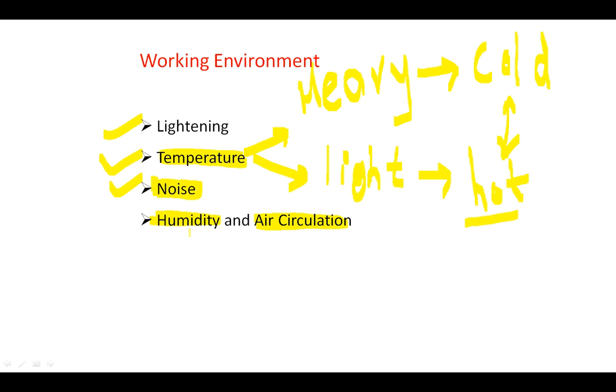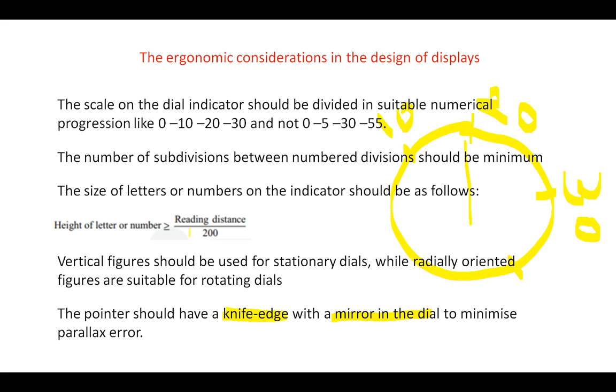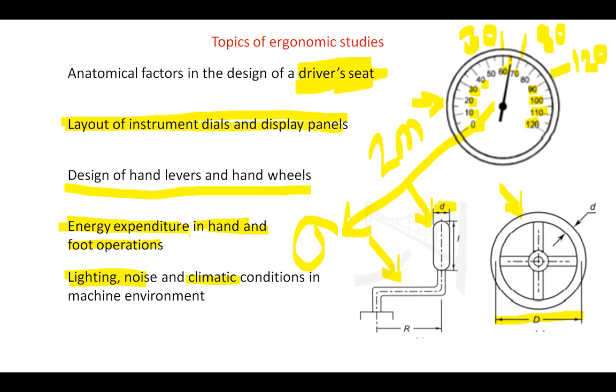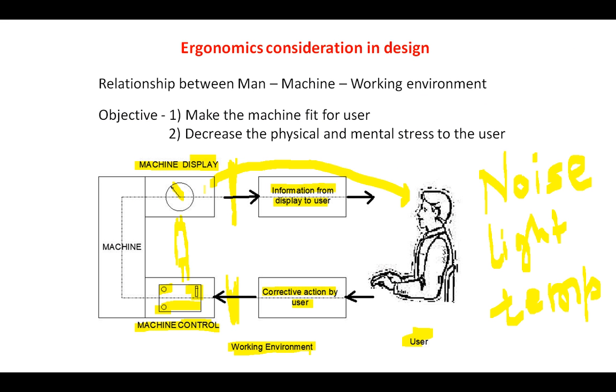Okay, this is all about ergonomics in design. So what you have to consider while designing a system: first we have seen that there is a man-machine closed loop system. There are two points of interaction. The first point is the display, where the display gives information to the user, and the second point is the control, where the user gives information to the machine.